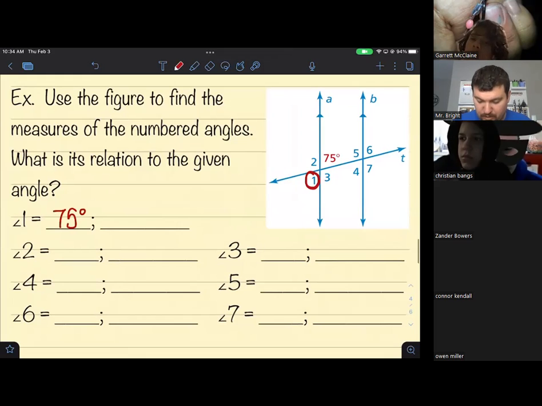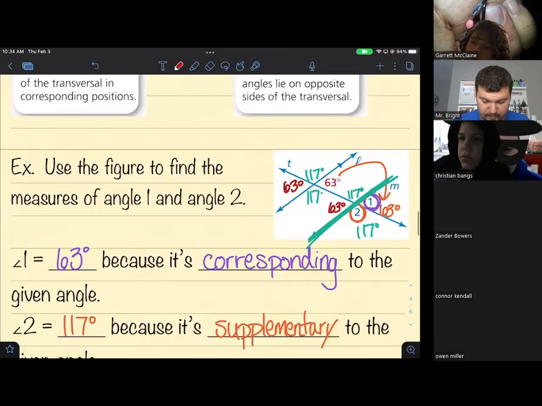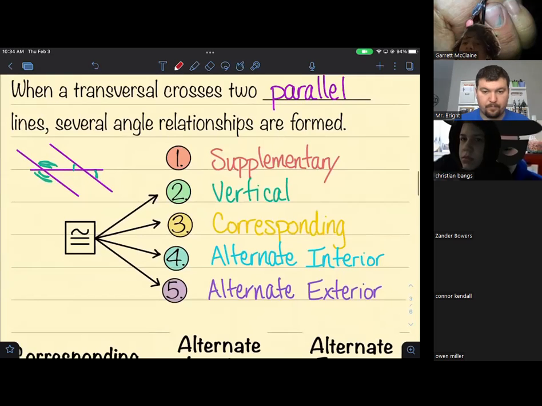And what's its relationship to the given angle here, the 75-degree angle? It's across from it. Okay, go back up in your notes. It's one of these 5, right? Two angles that are opposite from each other.